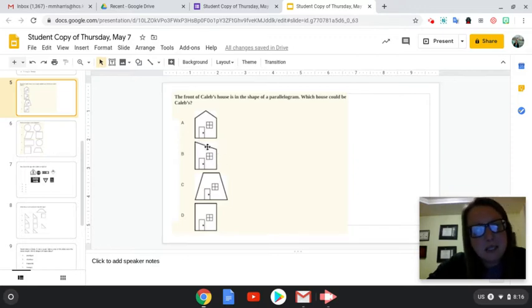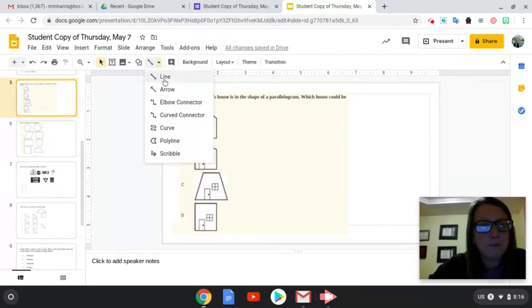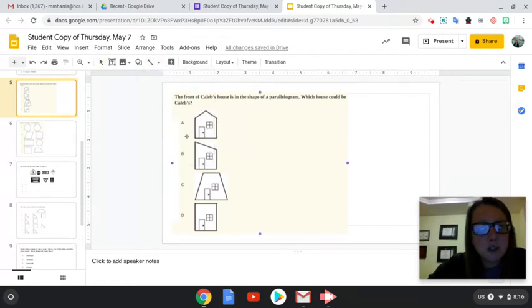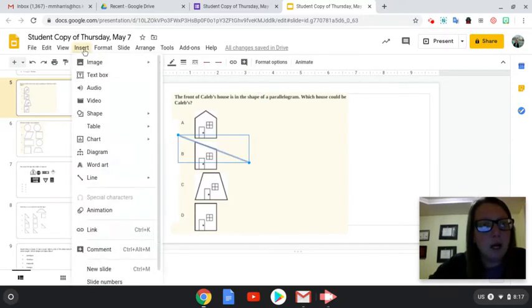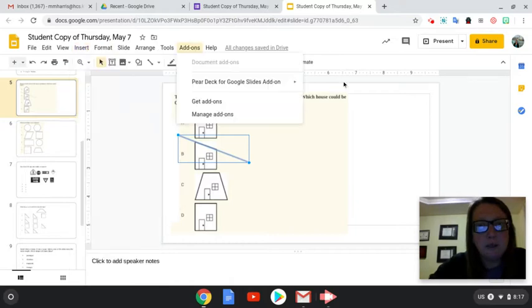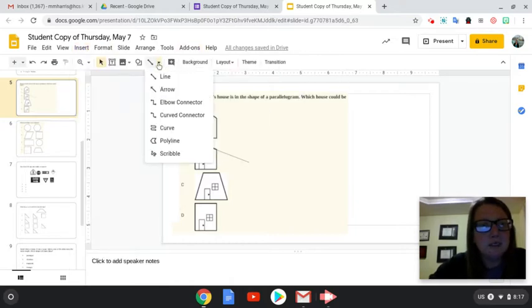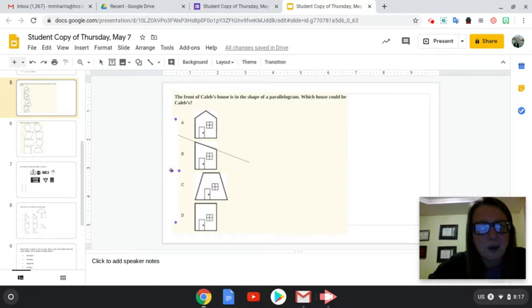But this line, if it were to continue straight like this, and if we were to draw another one, we can see that these lines would cross.